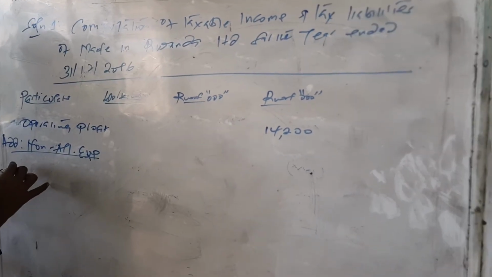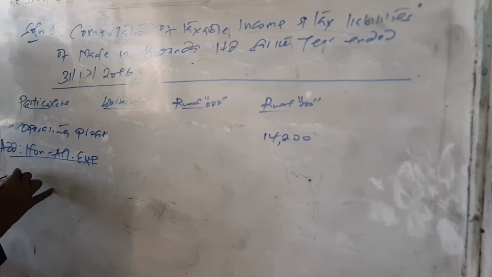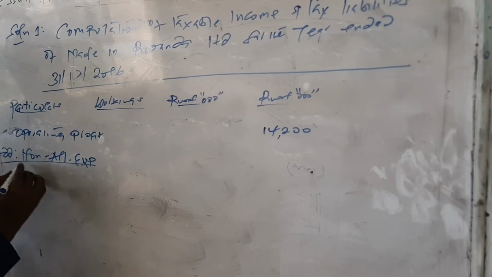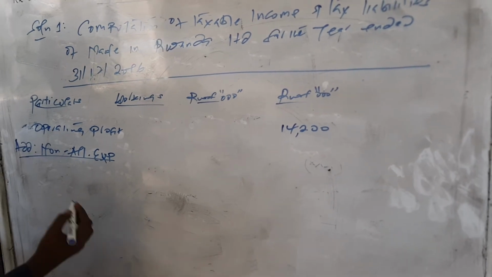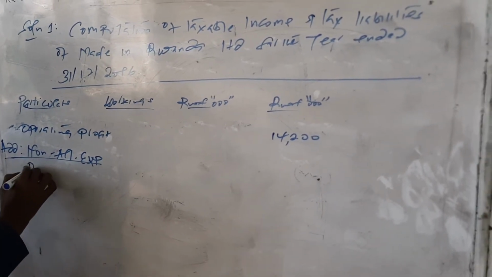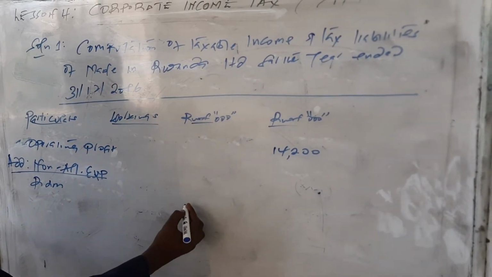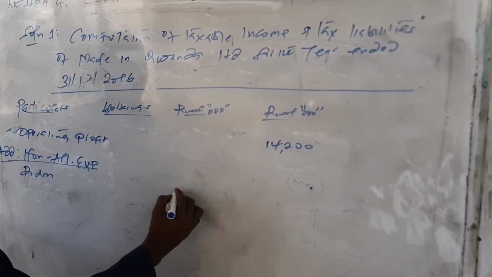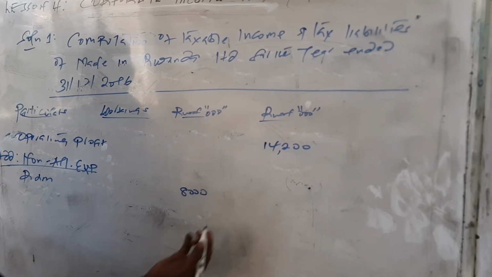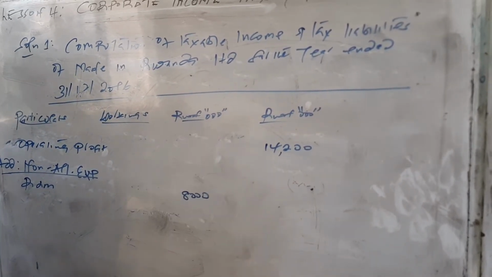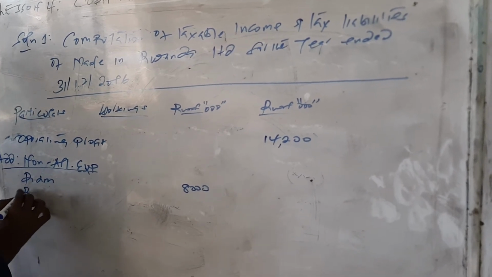Under non-allowable expense we have repair and maintenance, R&M, which is 8,000. That is 8 million, of course, because 3 zeros are hung. We have bad debts.